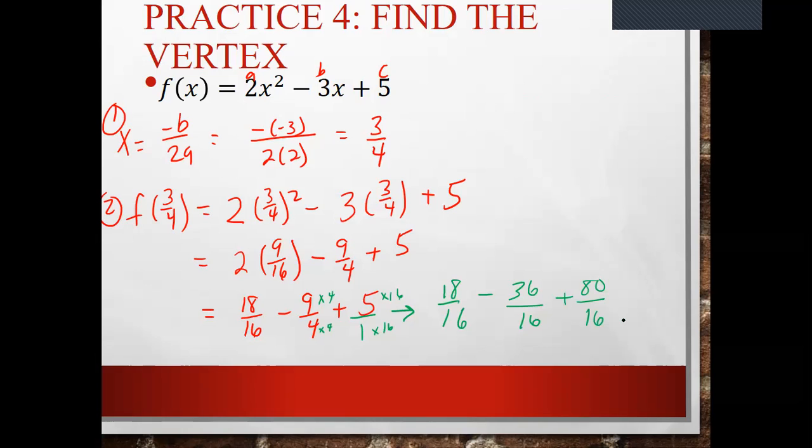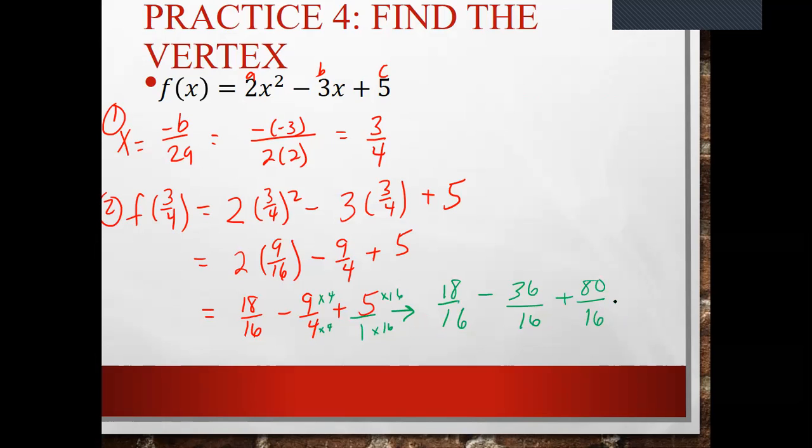And now can I proceed? 5 times 16? Is that not 80? Did I make that up? 5 times 16? Yeah. I'm not crazy, am I? No. I mean, I am, maybe.